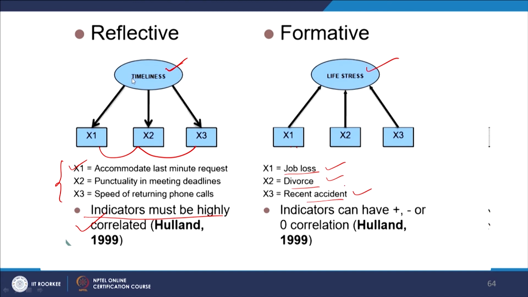That means if life stress is there, that does not result in job loss, divorce and recent accidents, but these 3 together are explaining the life stress. Indicators can have a positive, negative or a 0 correlation. So these indicators might be positively related, negatively related, or not correlated at all.